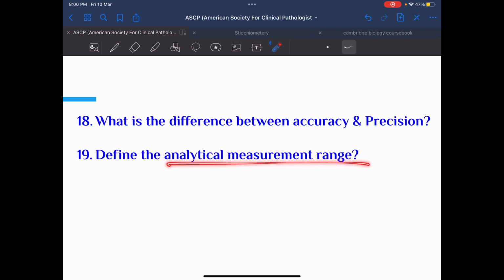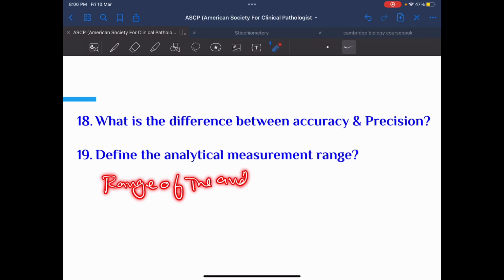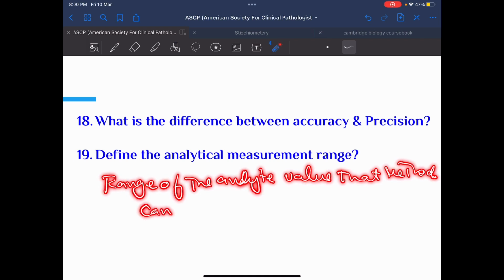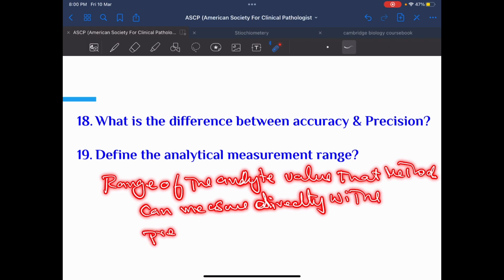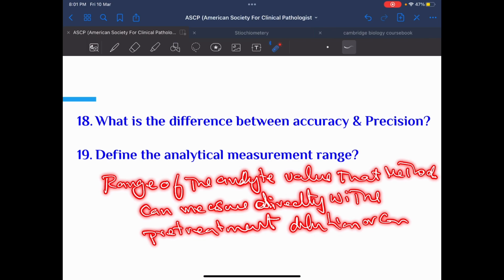The analytical measurement range is the range of the analyte value that the method can measure directly without pre-treatment, like dilution or concentration.